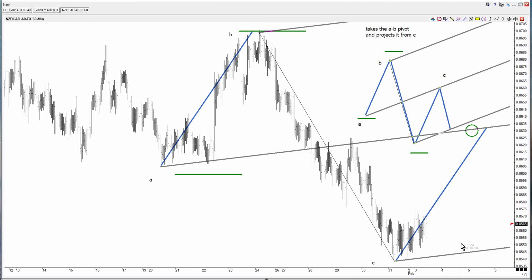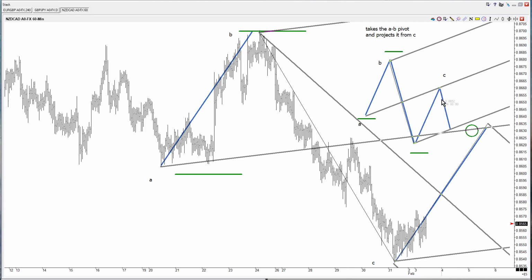And so what I'm trying to do in a trade is decide, do I want to sell it, or do I want to buy it for a turn someplace? If I'm going to sell it, I'm going to draw this swing, and then I'm going to draw the next swing, just like I did over here.